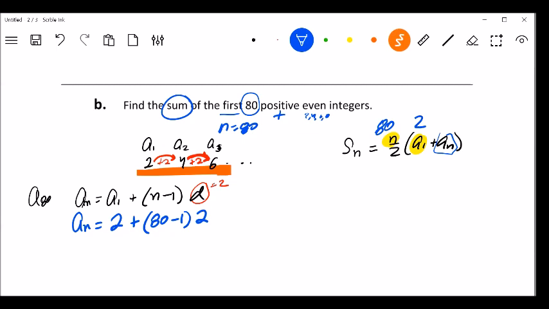So what I've done is I figured out the d. I was given the n, and I sort of was given the first term because that's the first positive even integer. But now I can do this calculation and I'll get what the 80th term is. In fact, I'll write a80 here.